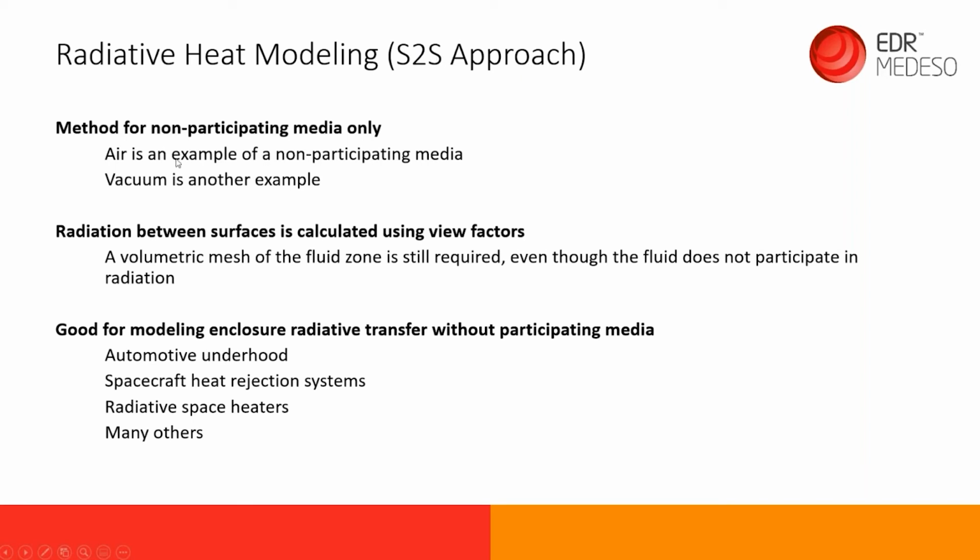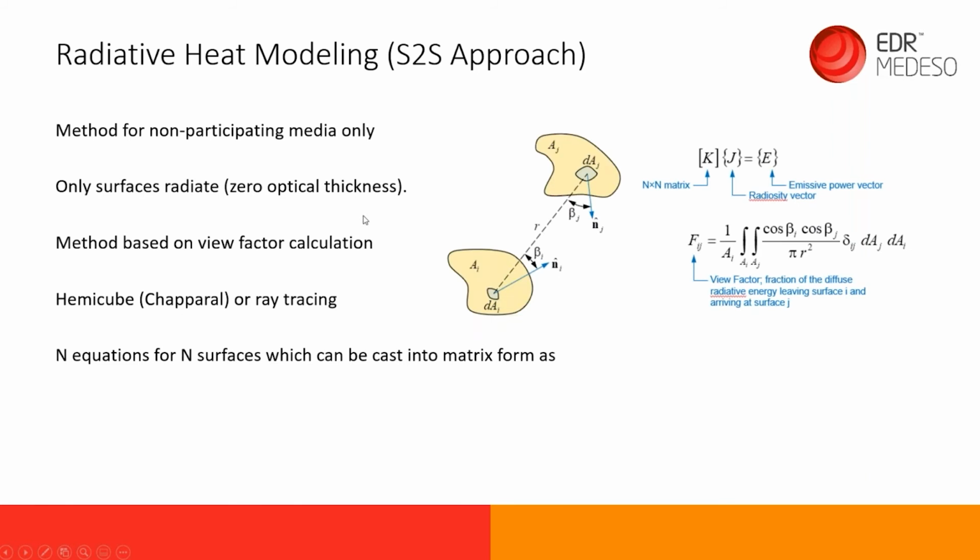The CFD program calculates a ray trace between every facet of every surface to every other facet. In that way, it can compute how much energy is transferred by following those ray traces. It works very well for things like automotive underhood and space technologies, obviously where you're working in a vacuum. But that's not to say it's right all the time, and there are ways that you can pick a different radiation model.